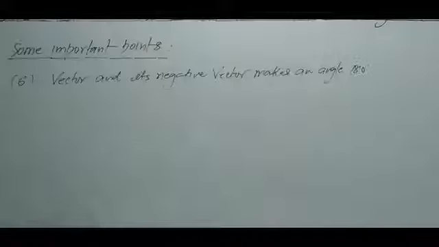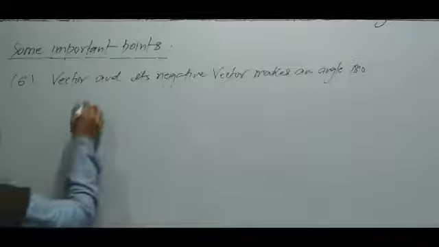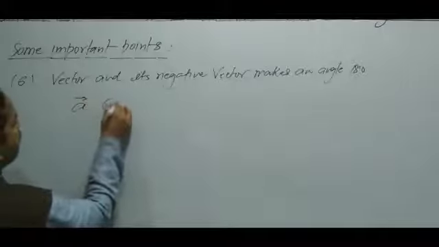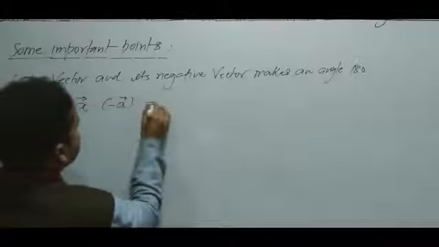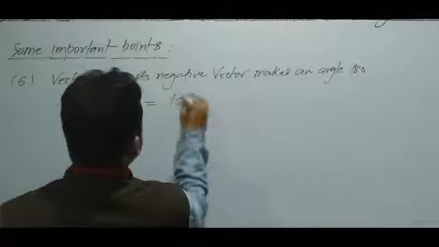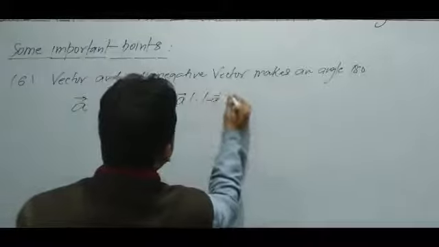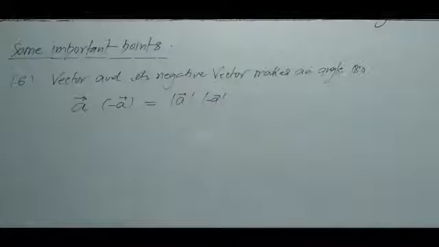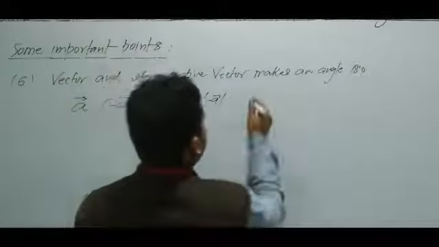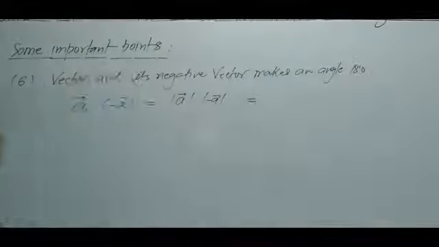So, vector A multiplied by negative of vector A. What can we write? Mod of vector A into mod of minus vector A. This we can write as mod of vector A times negative mod of vector A, meaning the negative we can take outside.